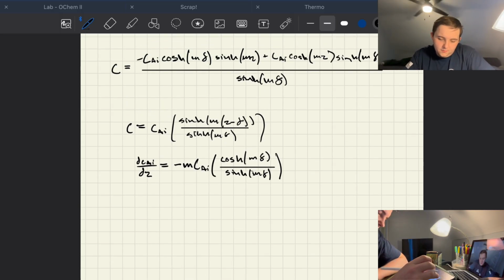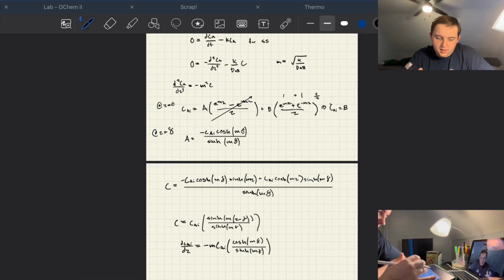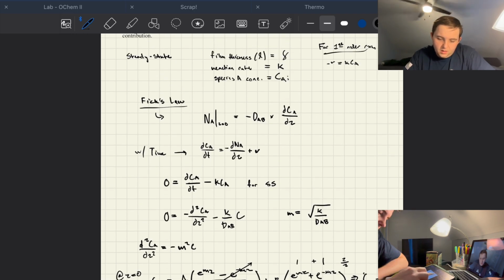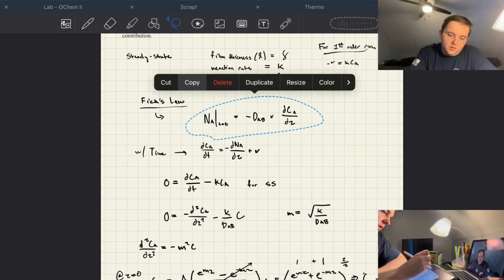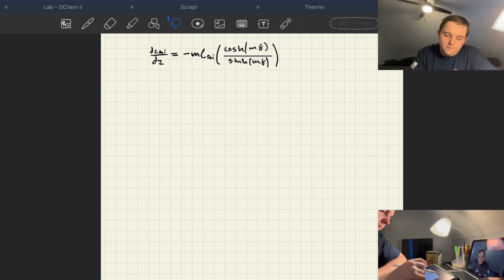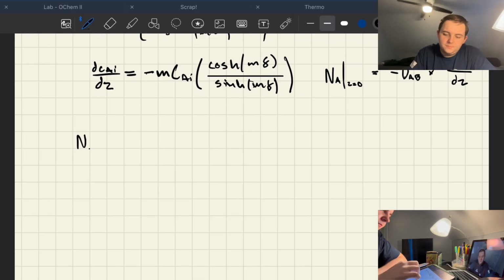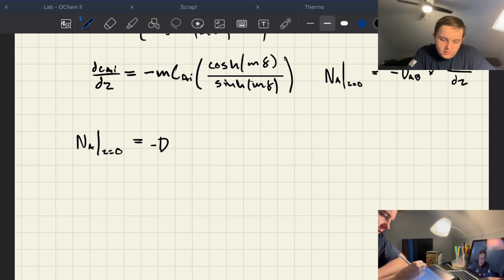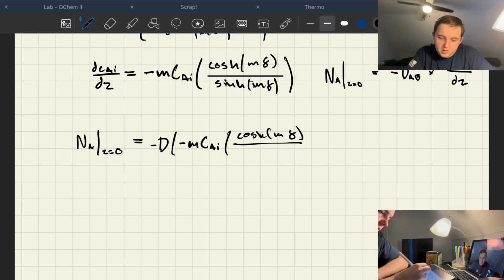Okay, and then finally we just need to add that back into our original expression here. Hopefully that copied over. So when we evaluate NA at z equals 0, we'll get D and then AB, so it'll be negative M CAI cosine H M gamma over sine H M gamma.